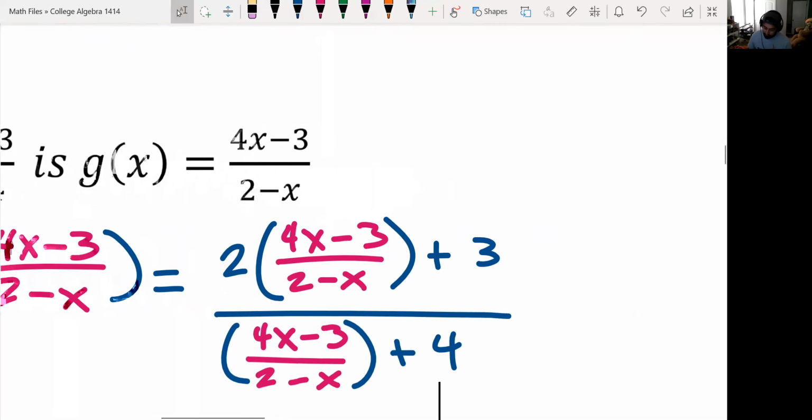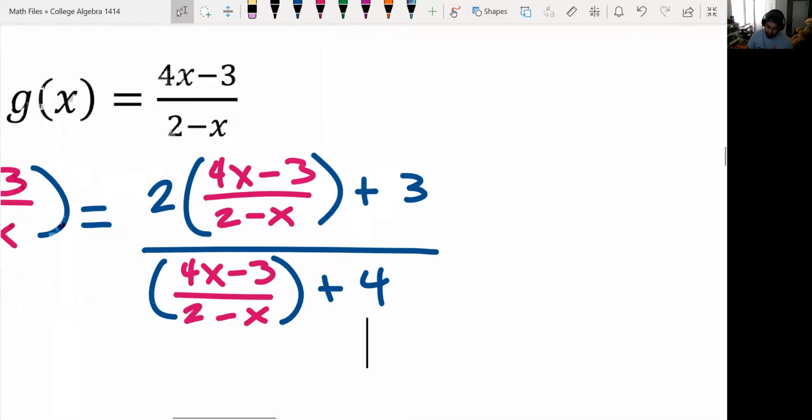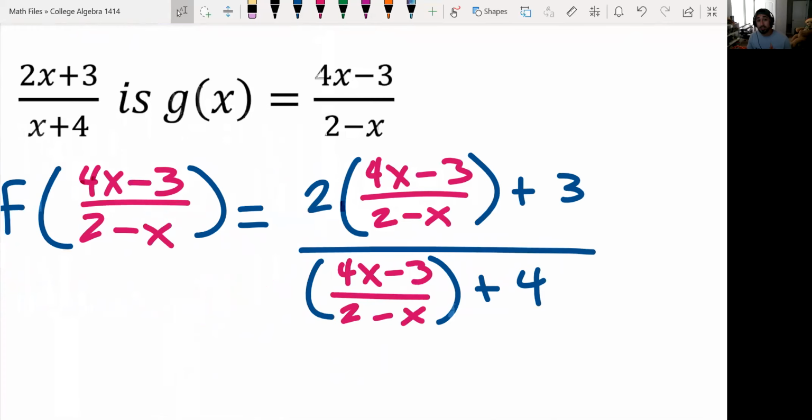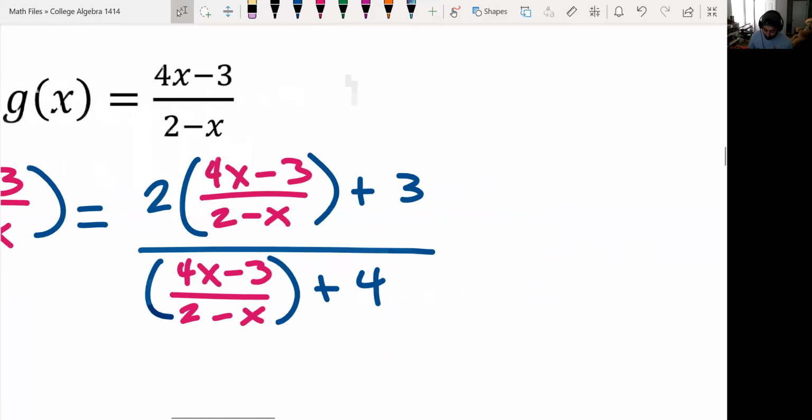Okay. We have plugged it in for every x into function f. This is very conceptual, very hard to look at. So just make sure you take your time with this. Okay. So they plugged in, we have them in, and now it's cleanup time.